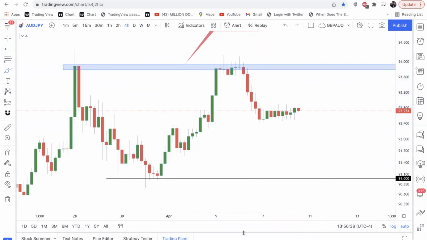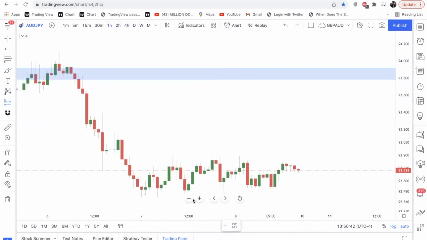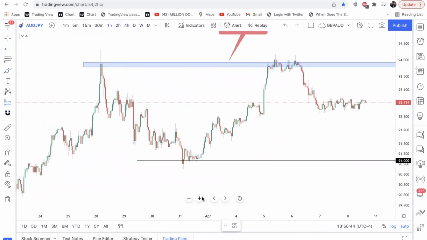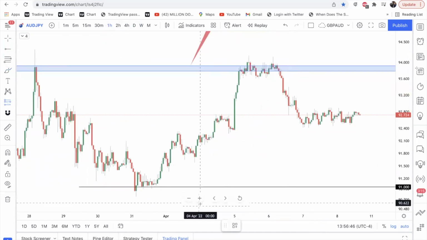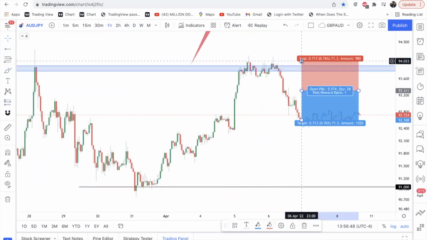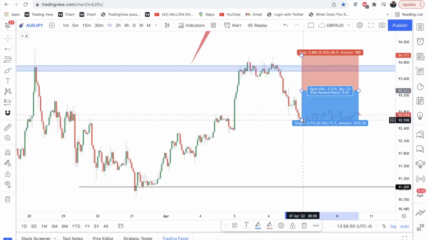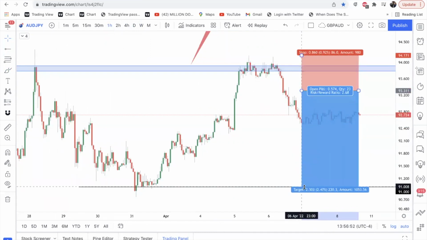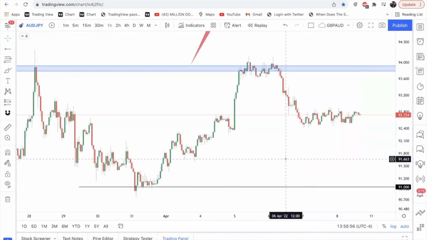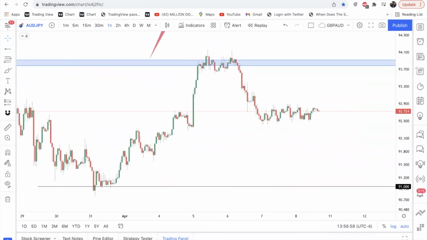And seeing this type of rejection, whether it's on the 4-hour, or even on a smaller time frame like the 1-hour, you can see a nice firm break below here. As you can expect, really a bigger move down here. I'm looking for this to come back down towards 91. But if you're not in on that breakdown, you can also take a counter trend line here.